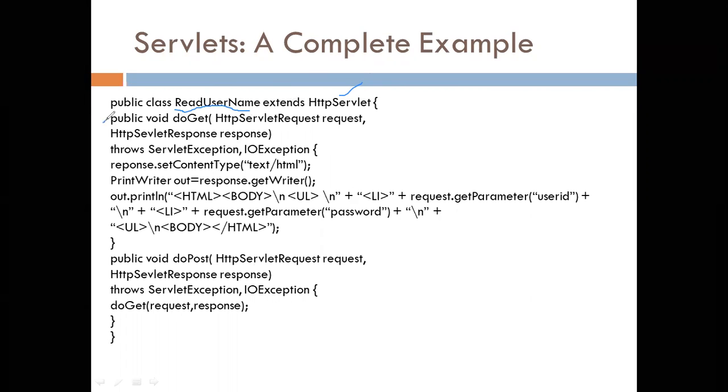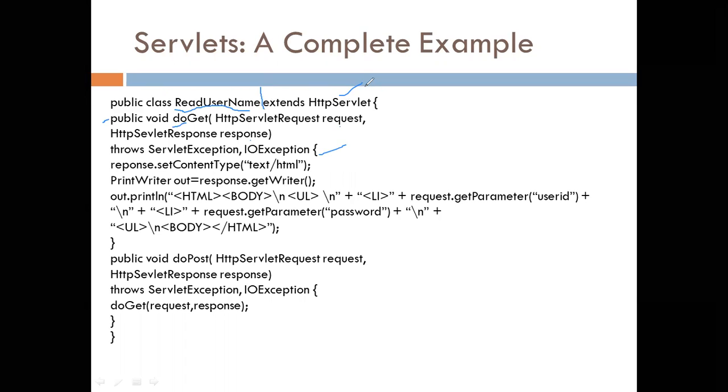Then this is a doGet method. So that is a get method having request and response objects. It is capable of throwing ServletException and IOException. So generally from the name till here, it is common for all.